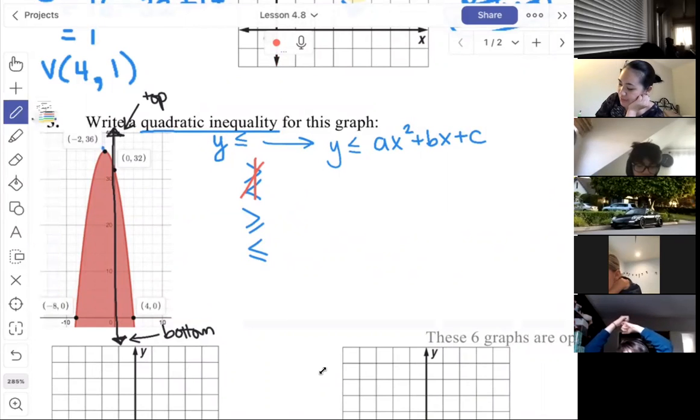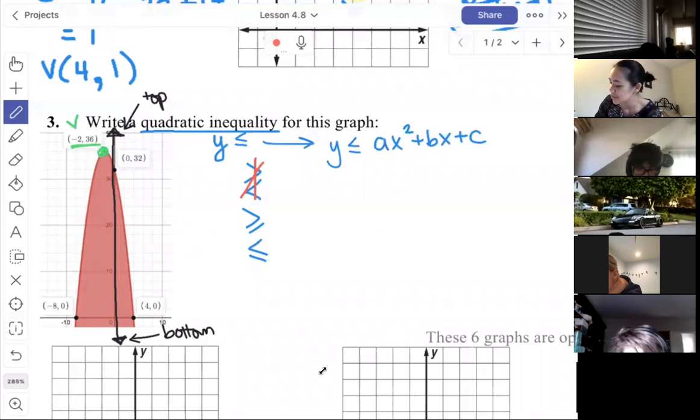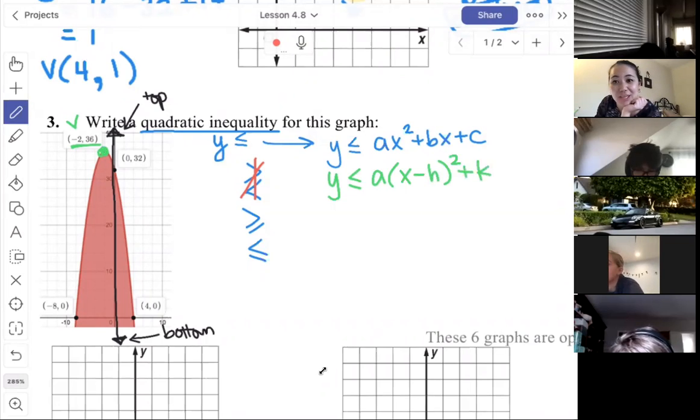Since we know the vertex of -2, 36, I'm going to use the vertex form of my quadratic: a(x minus h) squared plus k. You guys remember that vertex form? With it, it's a lot easier to just plug in that vertex.